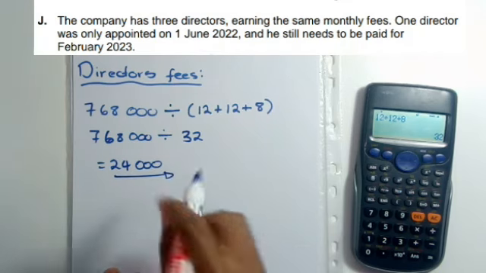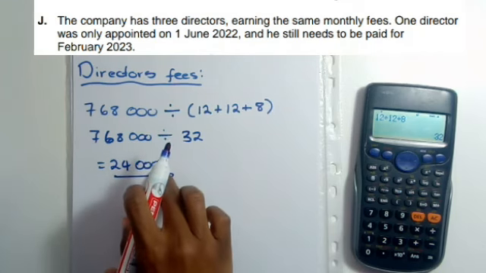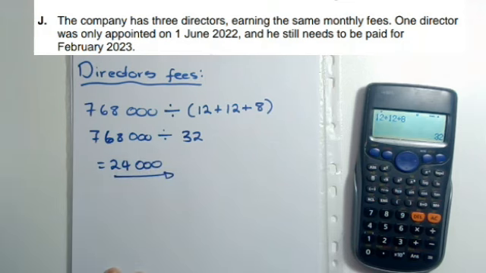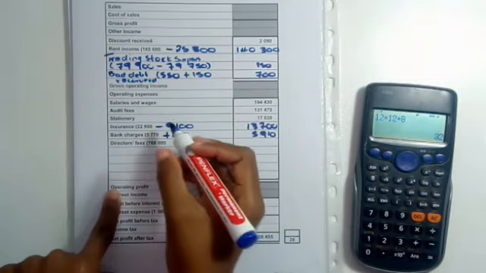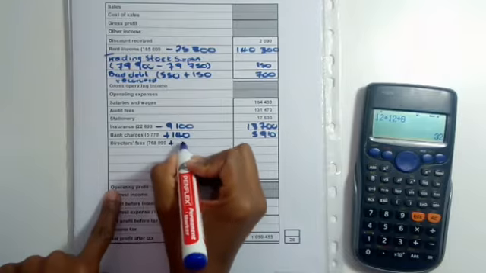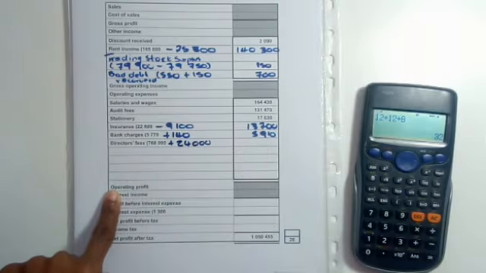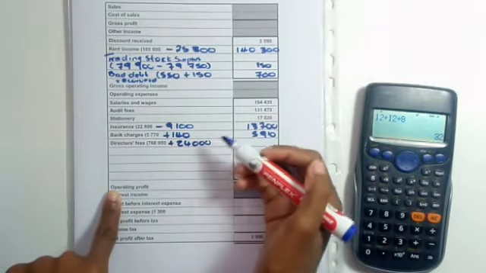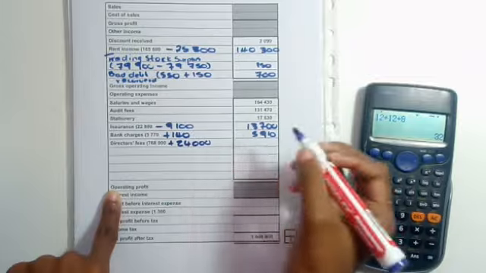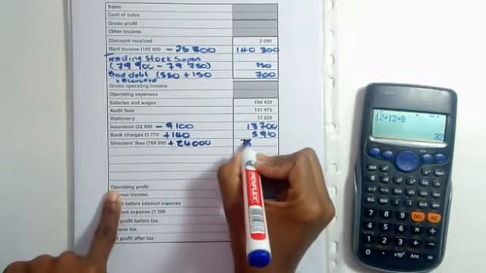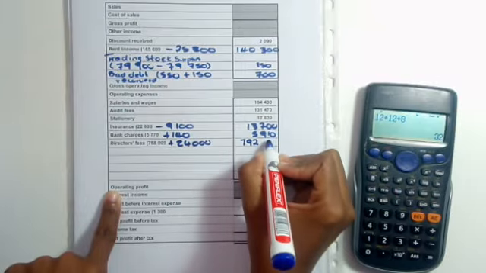This is what each director earns per month. So in our income statement, we are going to add 24,000, and it gives us a total for directors fees of 792,000.